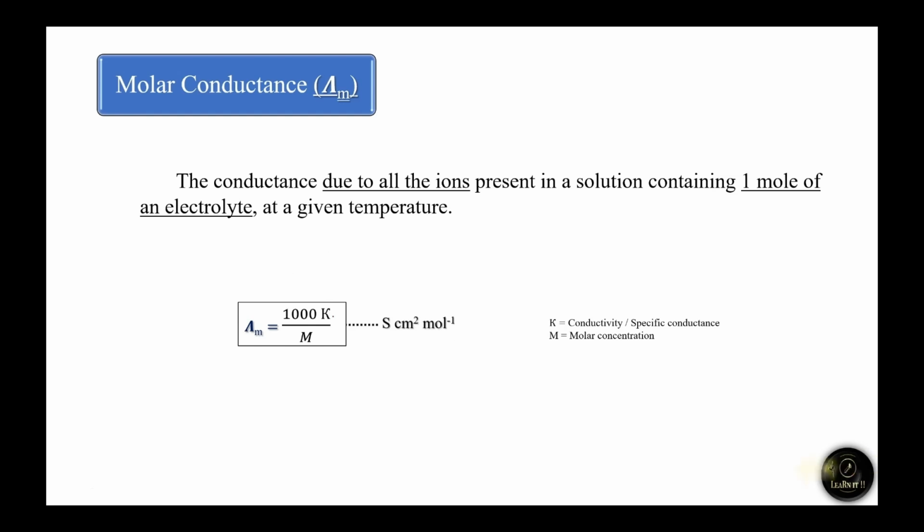We know the unit of specific conductance is Siemens per centimeter, and with respect to molarity it is moles per dm cube. The dm cube can be written as moles per cm cube, since 1000 cm cube is equal to 1 dm cube.